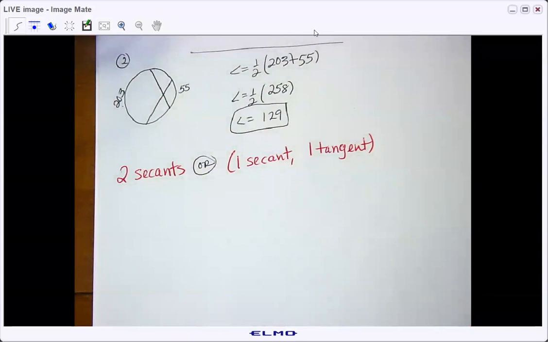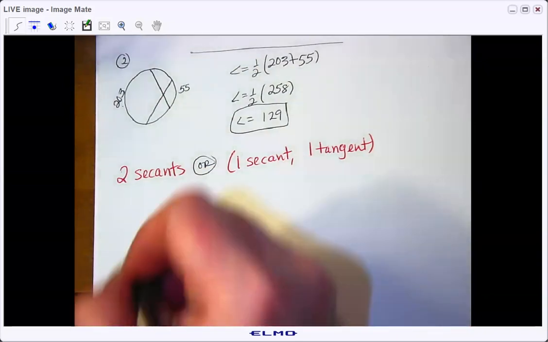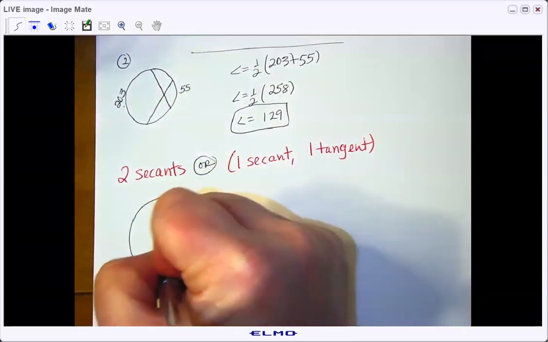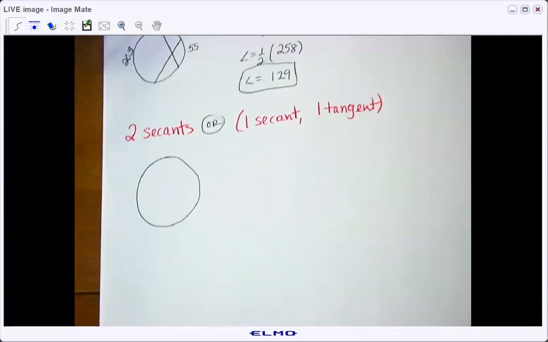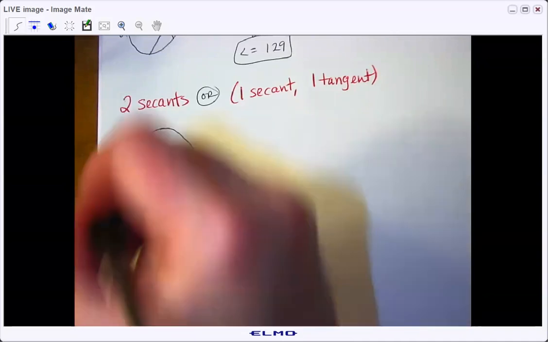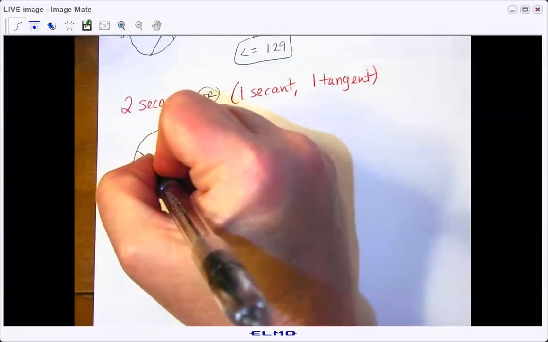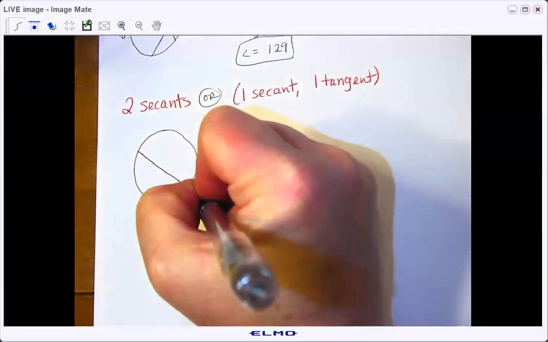Good, awesome. So this scenario works for 2 secants or 1 secant and 1 tangent. So let's draw a circle. And let's look at 2 secants.